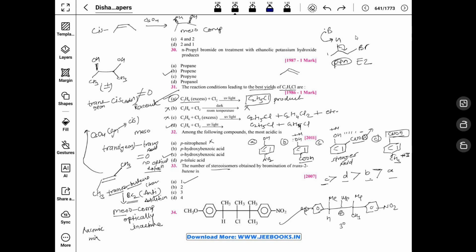This is the tertiary carbocation, and this carbocation can get further stabilized because this hydrogen can undergo a 1,2 shift to give the carbocation here. Now there is another possibility that this methyl can go here and the positive charge comes here.